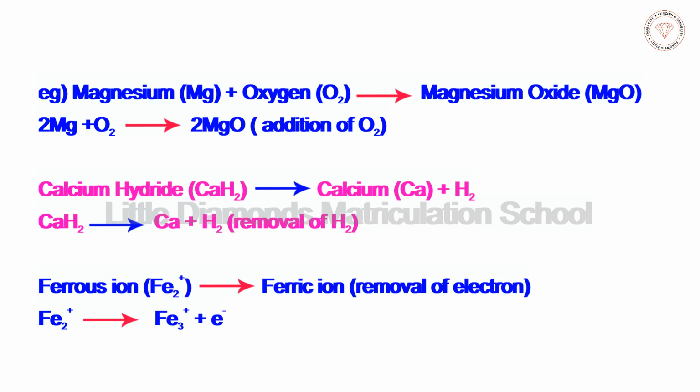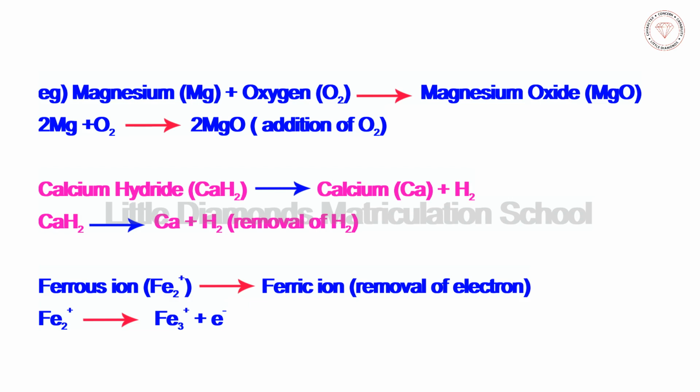Mg plus O2 gives MgO. Here the oxygen is added. Calcium hydride decomposes to calcium and hydrogen. CaH2 gives Ca plus H2. Here the removal of hydrogen takes place. So it is an oxidation reaction.